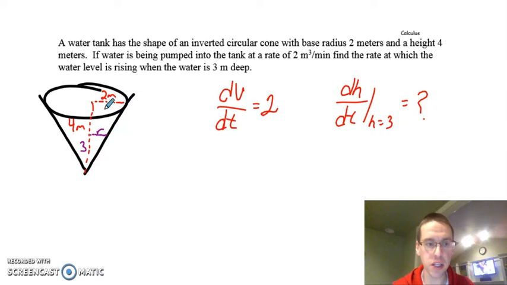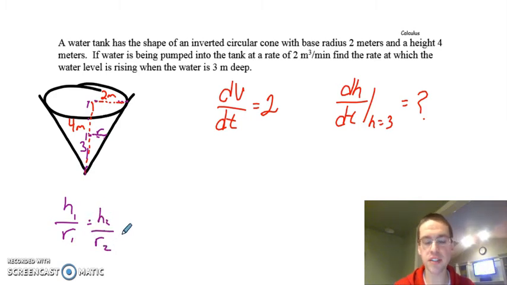And the only way to do that is to recognize that this triangle and this triangle are similar triangles. You notice that they share the same angles, and therefore they're similar triangles. And so when we have similar triangles, you can set up a proportion. You know that the proportion of height over radius of one triangle is equal to the proportion of the second triangle.